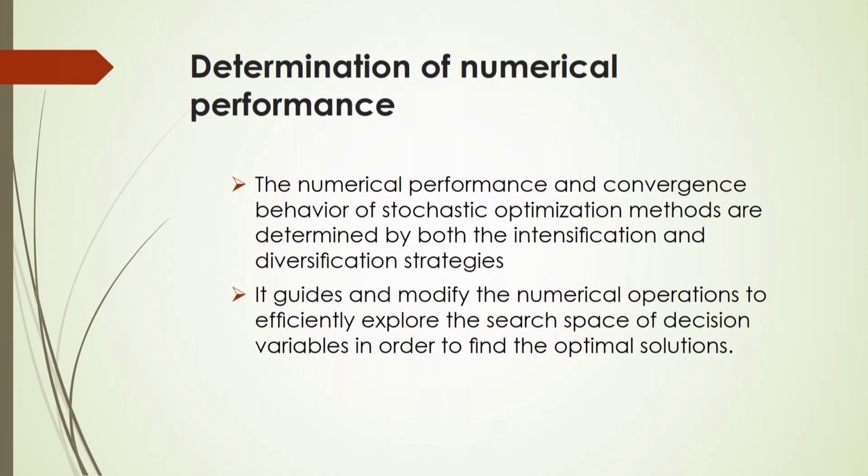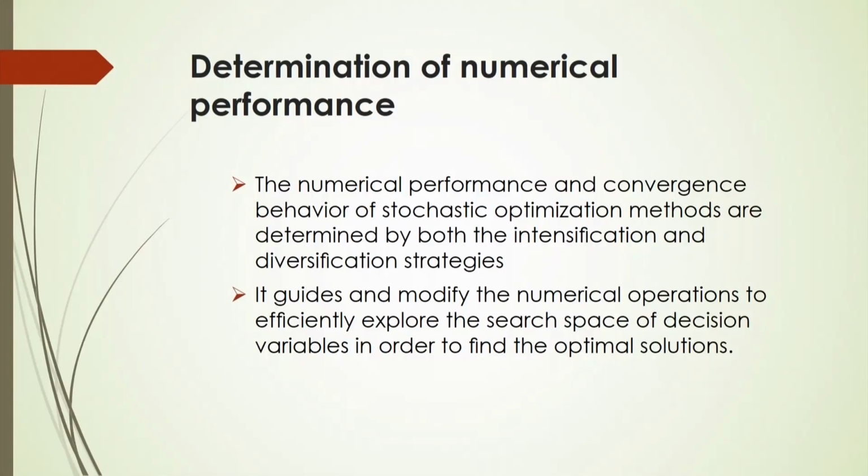Now, to get the numerical performance, you have to consider the convergence behavior of the stochastic optimization methods, which is determined by both the intensification and diversification strategies, and it guides and modifies the numerical operations to efficiently explore the search space of decision variables in order to find the optimal solutions.